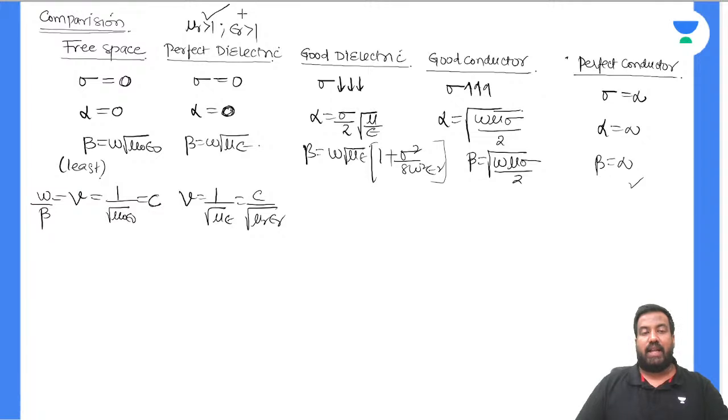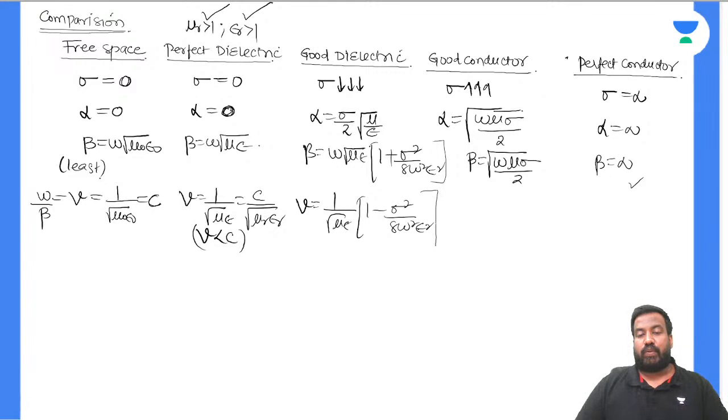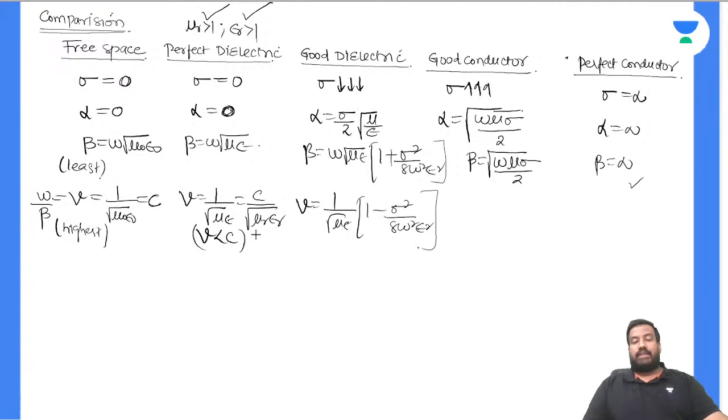As mu r is greater than 1 and epsilon r is greater than 1, velocity v will be less than c in a perfect dielectric. For a good dielectric, velocity is 1 by under root mu epsilon times 1 minus sigma square by 8 omega square epsilon square. As you can see very clearly, the velocity is decreasing. Here velocity is c, the highest. Then it has decreased, then still decreased. There is a minus here, still decreased.